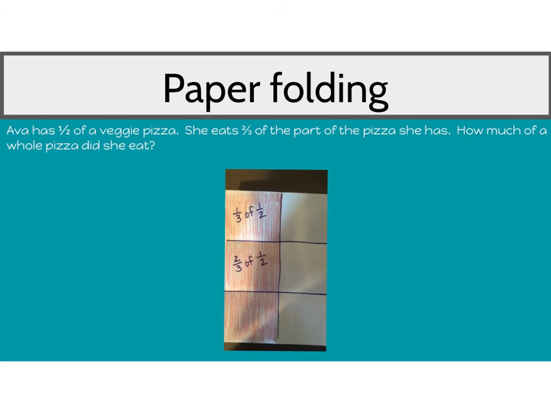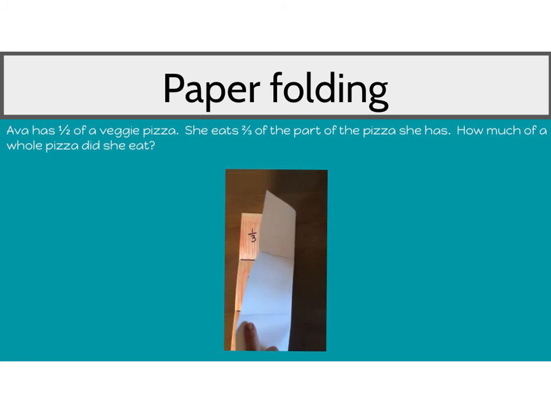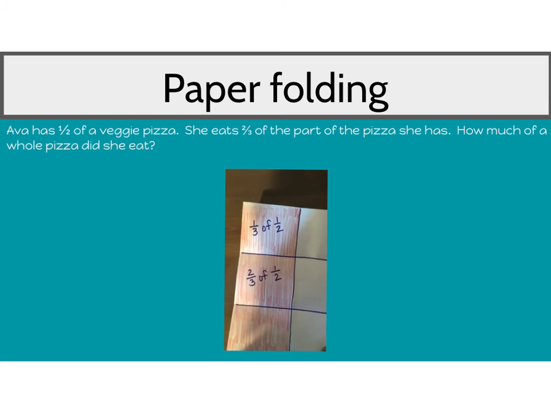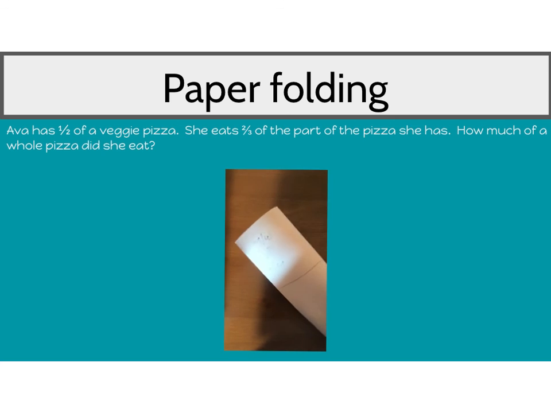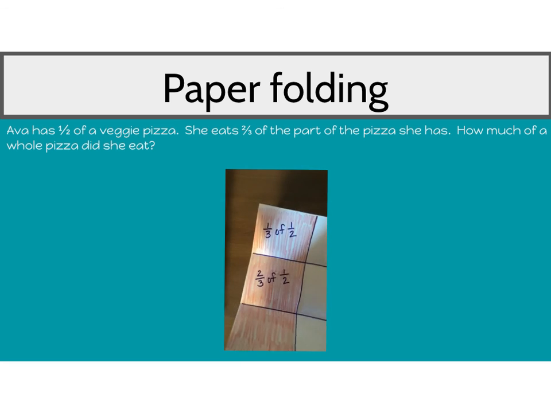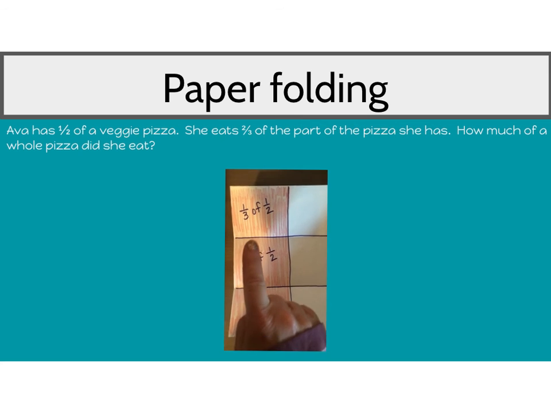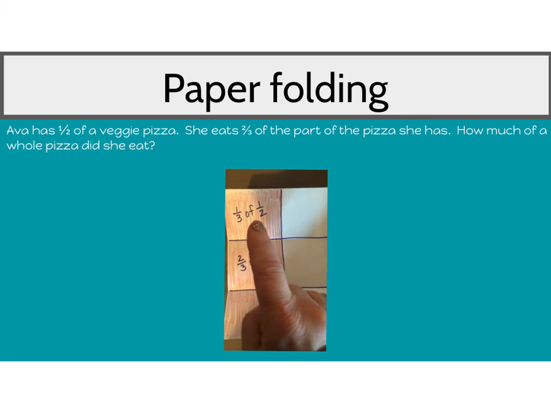Well, in order to figure out 2/3, we first need to figure out 1/3. So my original fold was down the length of the paper the long way. And then I had to take that same paper and fold it into 3 equal parts to get thirds. So I then drew my lines to represent the thirds. So up here at the top, we have 1/3 of half would be this portion right here.